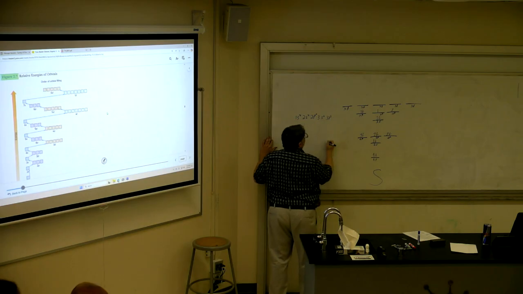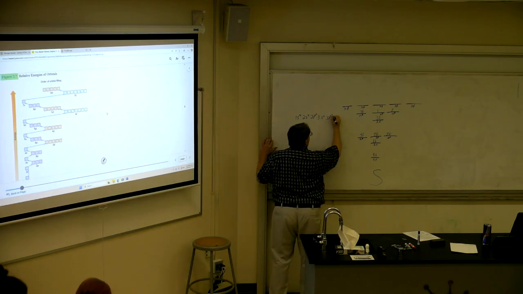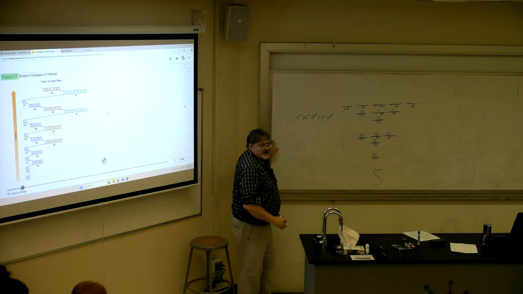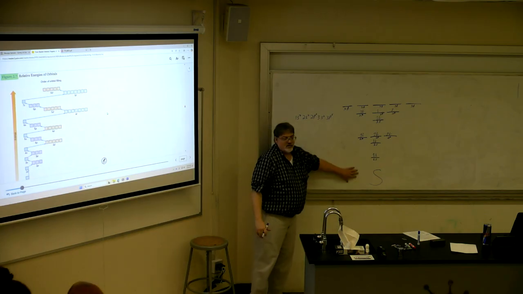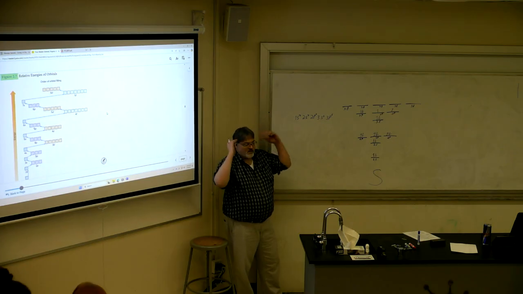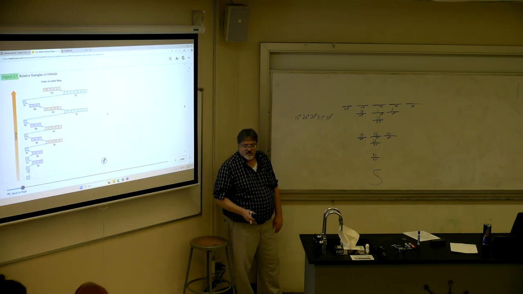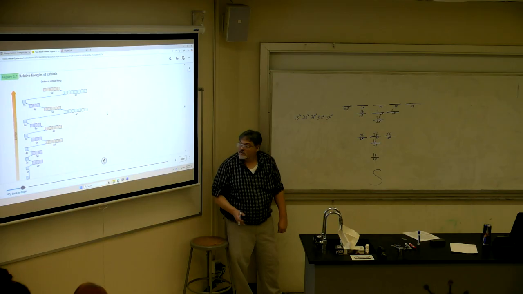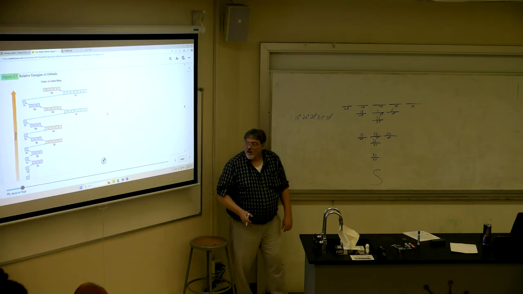P orbitals have 6 total. Then you've got 3s, that's 2, and then 3p has 5. That's just another way to represent the electron configuration of sulfur.